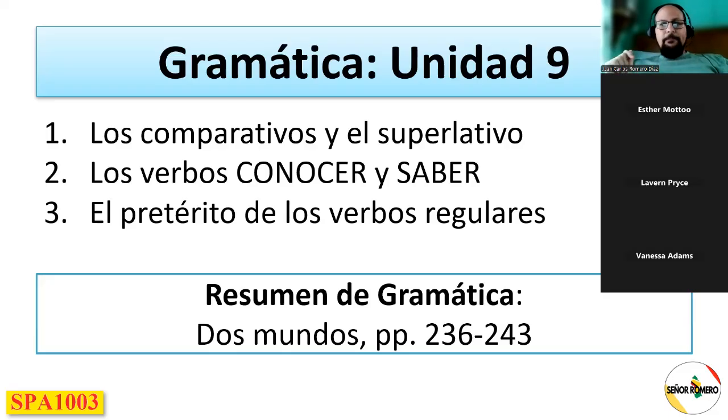The third point is the preterite. Preterite, that's a fancy word that we use in Spanish. Preterite means simple past. In English, you have the simple past, but in Spanish, we have more than one past tense.